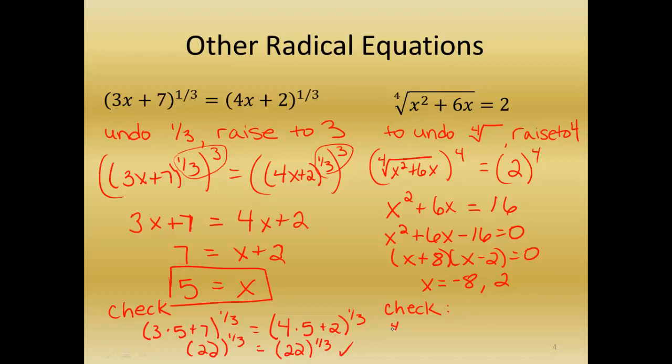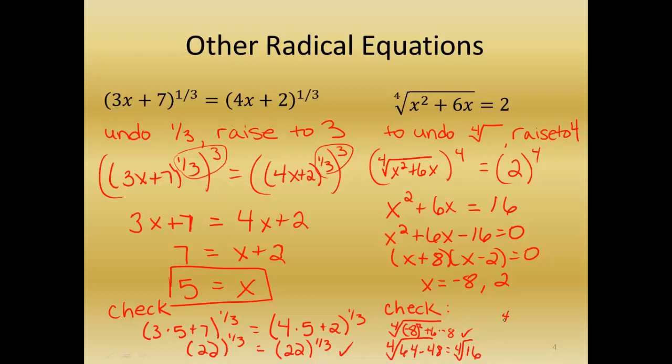So you want to check the fourth root of negative 8 squared plus 6 times negative 8. That's going to be the fourth root of 64 minus 48. That becomes the fourth root of 16, which is 2. So that's going to check out.